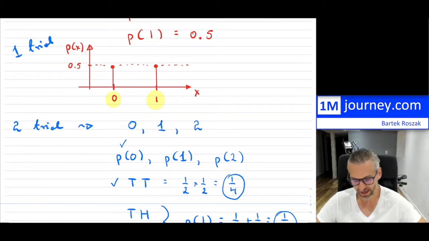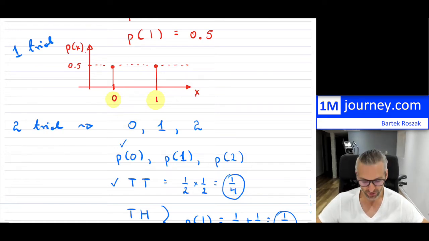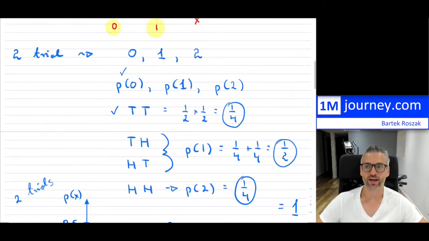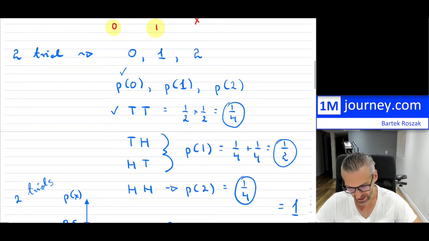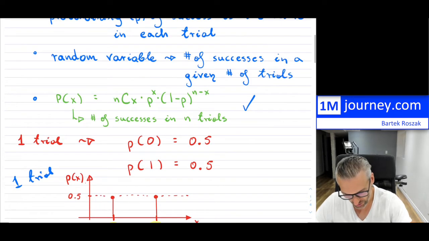And now you can continue this on. You can take 3 trials, 4 trials, 5 trials, or as many trials as you like. Now, the probability of success, here is what I want to show you.